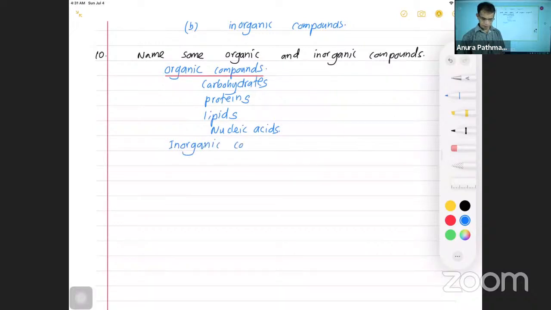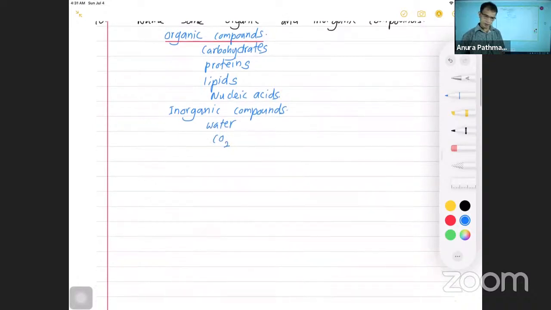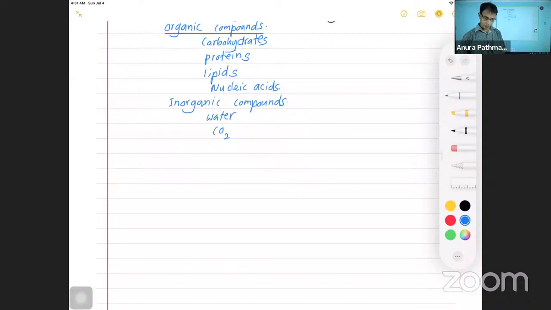The inorganic compounds are water, carbon dioxide, carbon monoxide, carbonates, bicarbonates, and the salts like sodium chloride.